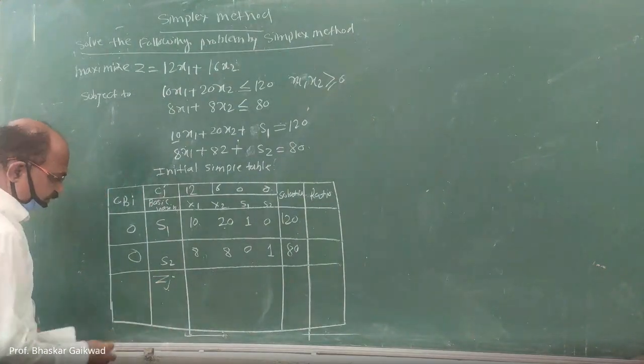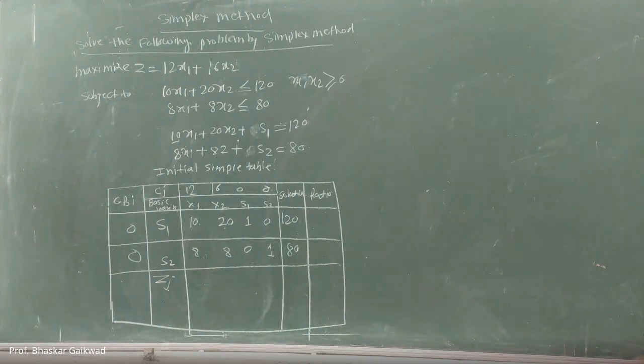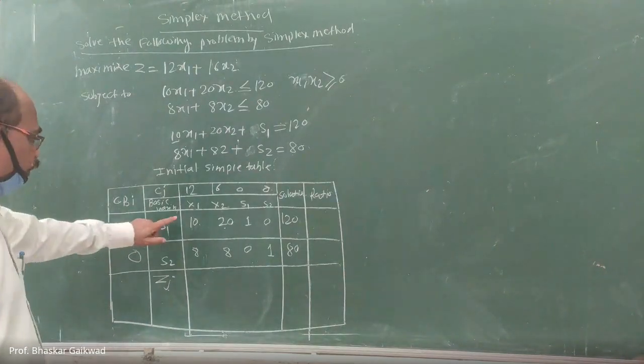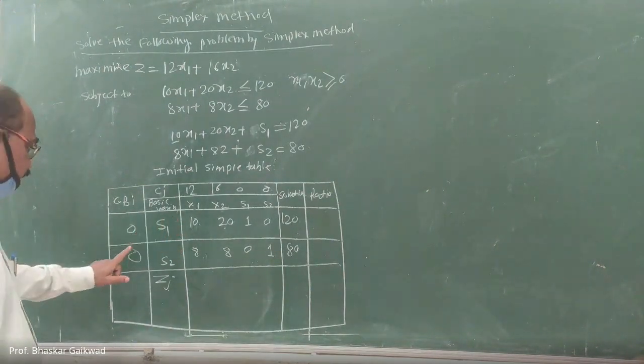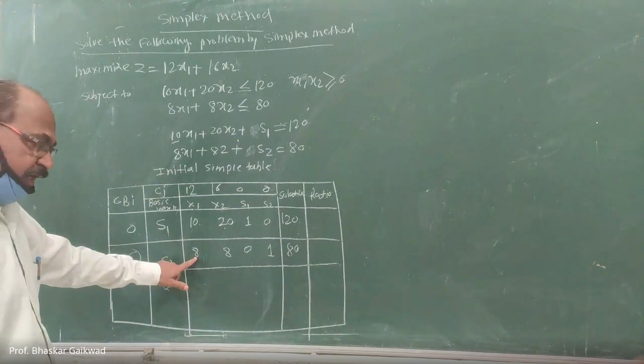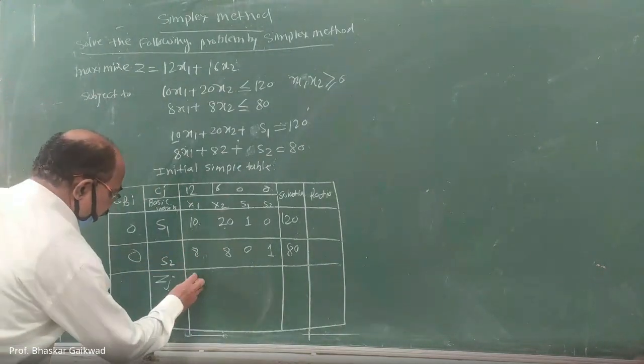How to find out Zj? This is very simple. For example, 0 into 10 plus 0 into 8, so here it will be 0.